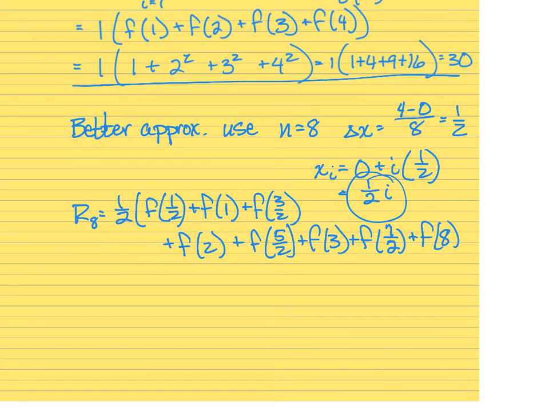So now if I evaluate the function at all of those 8 points, add those up, and multiply by 1/2, that's going to give me the approximation. Let me do that real quick off screen so that you see the number. After I do all that, and remember to multiply by 1/2, I get 25.5. Okay?